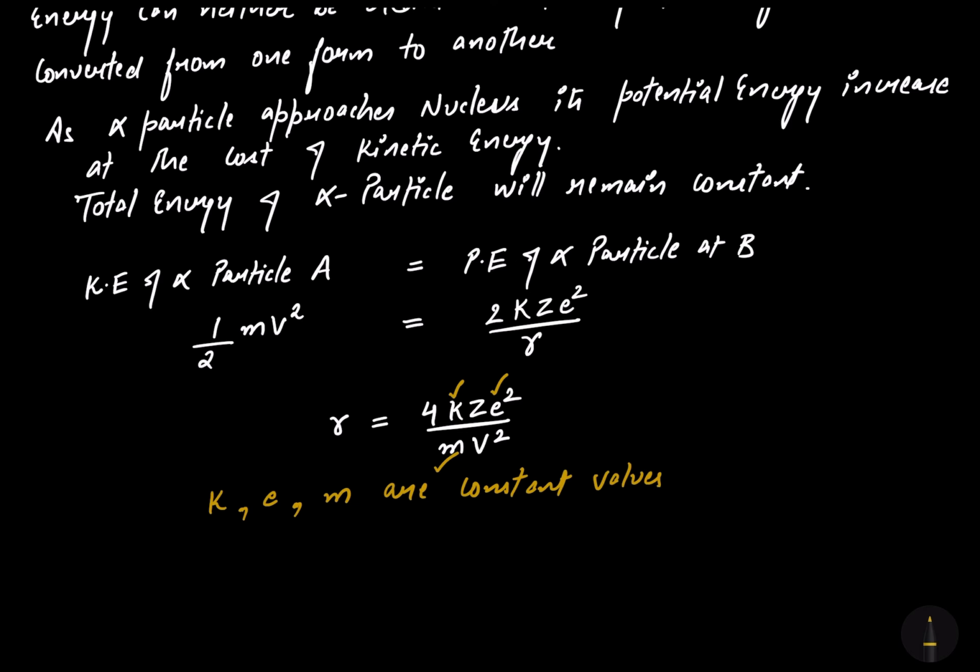That means the radius of nucleus will be directly proportional to the atomic number and will be inversely proportional to the velocity of the alpha particle.